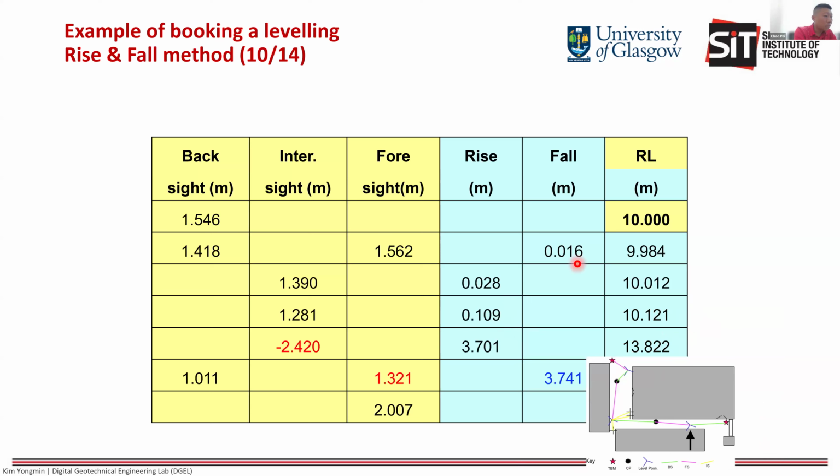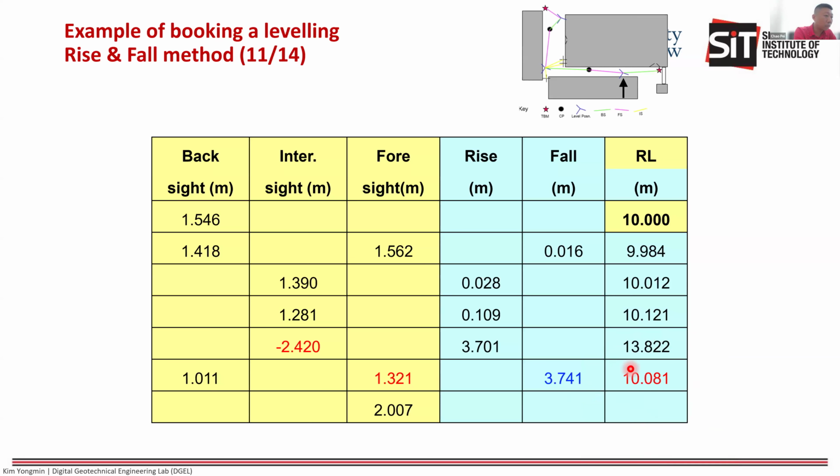Lastly, from the intermediate to the foresight, from this point to here, the readings, you use this minus this, it is minus 3.741, a fall. Then you use this reduced level minus this one, and you get 10.081.